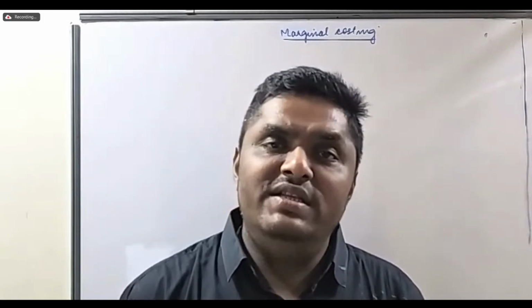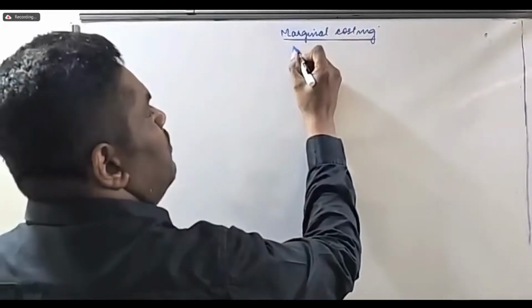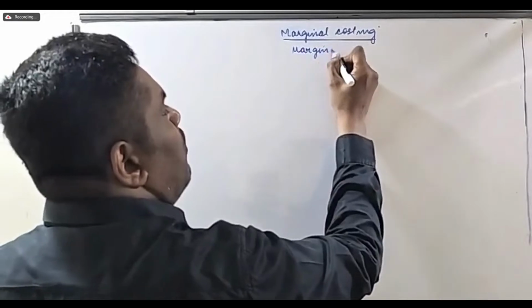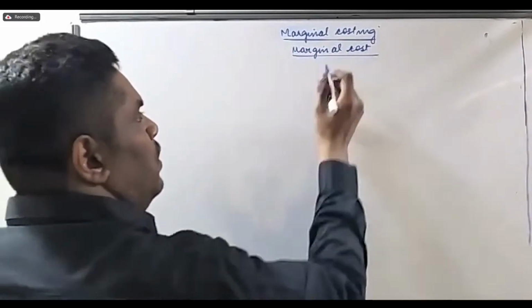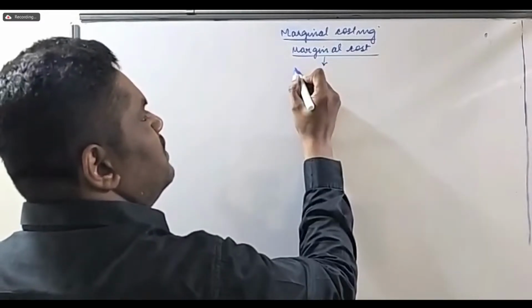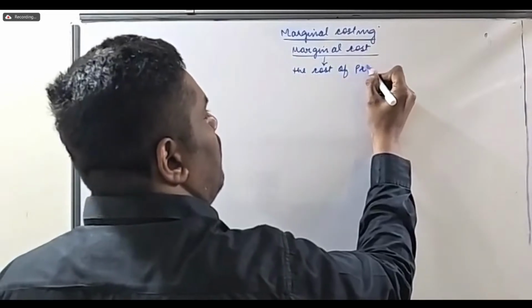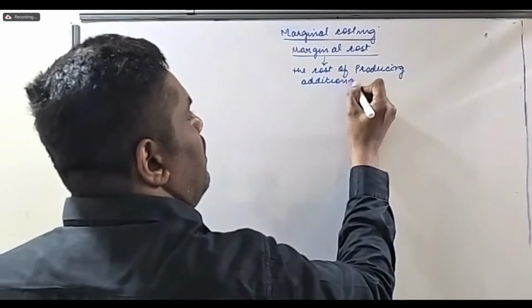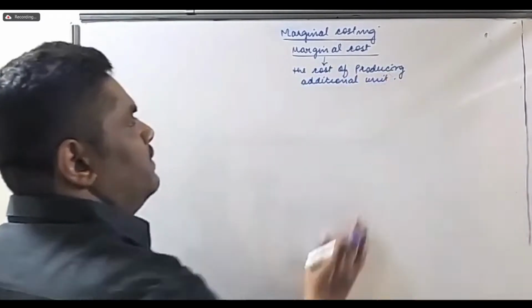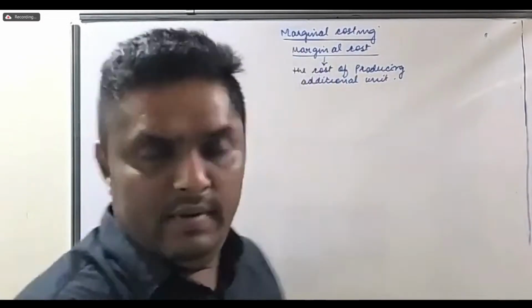Before starting with this chapter, let's discuss a few terms. The first term I want to discuss is marginal cost. It's the cost of producing an additional unit.